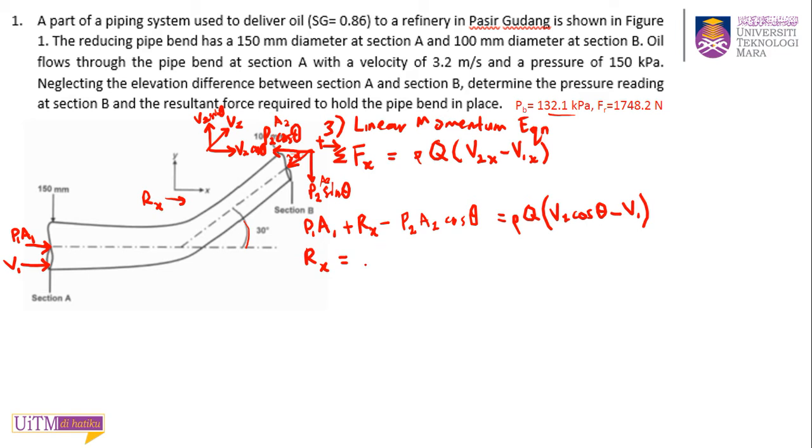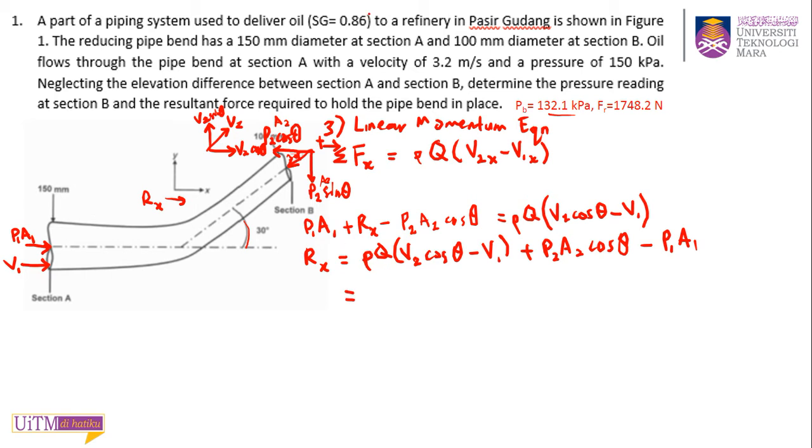So this will be rho times Q times V2 cos theta minus V1, plus P2A2 cos theta minus P1A1. Okay, so just put back, check your data for all of these properties.